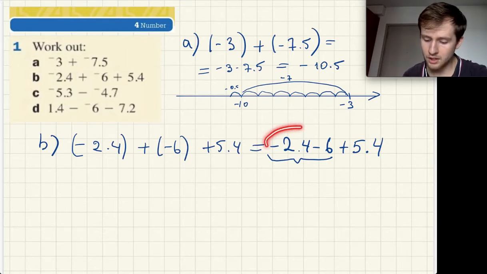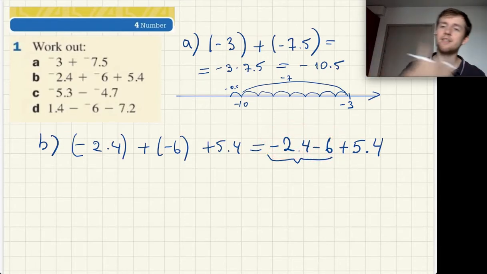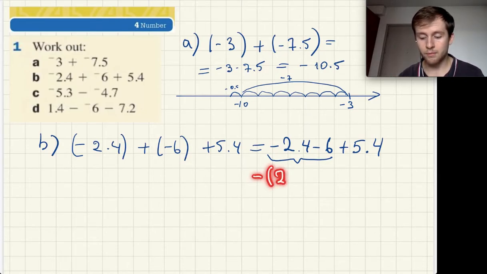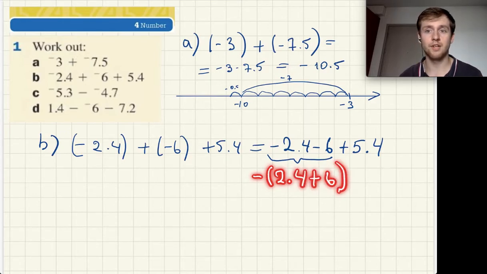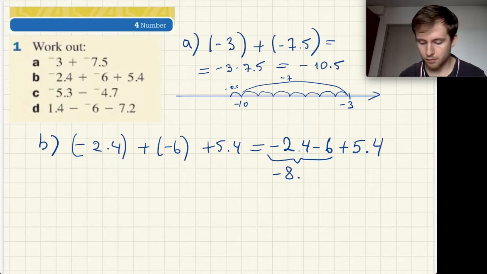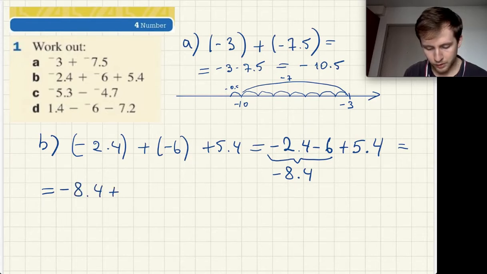So this is two negative numbers, and subtracting negative number from negative number is the same as adding two positive numbers and then just putting the minus in the front of them, like this. So it's the same as negative then of 2.4 plus 6, and the answer is -8.4.